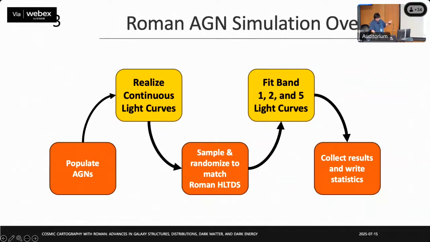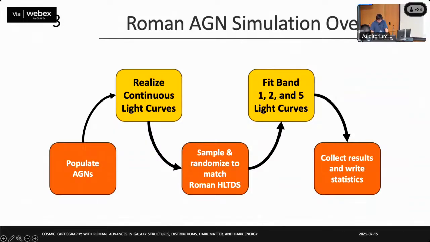Sampling these continuous light curves and randomizing their fluxes to match the characteristics we expect from the Roman High Latitude Time Domain Survey gives the mock observational results. We fit the light curves from bands 1, 2, and 5 from each tier, which I will explain later, and collect the results into statistics.